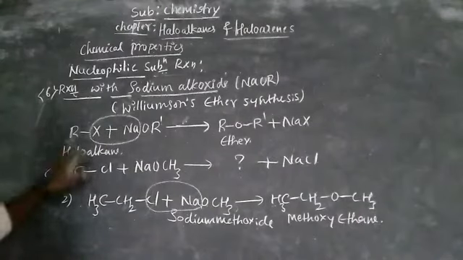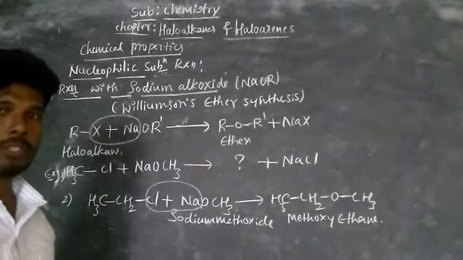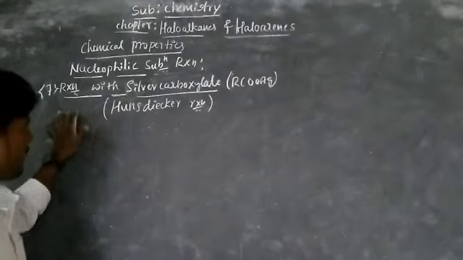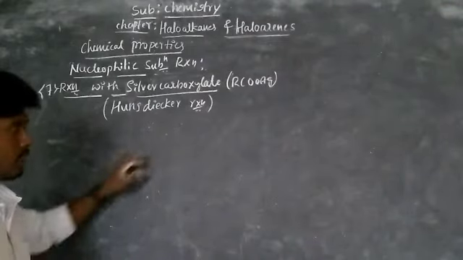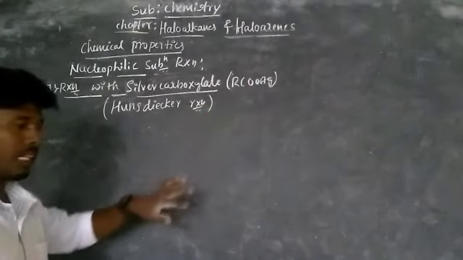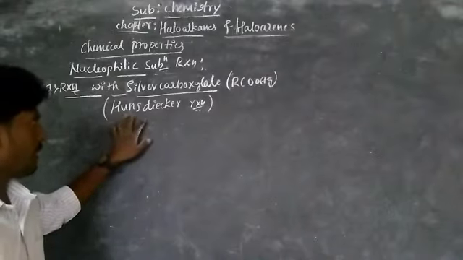Then the next one is reaction with silver carboxylate. RCOOAg is the general representation of silver carboxylate, and this whole reaction is called the Williamson-type ester reaction.